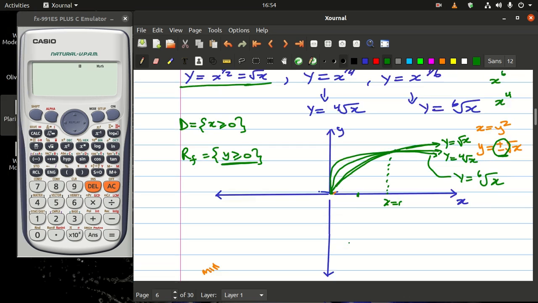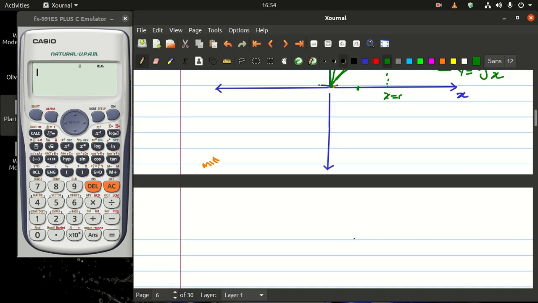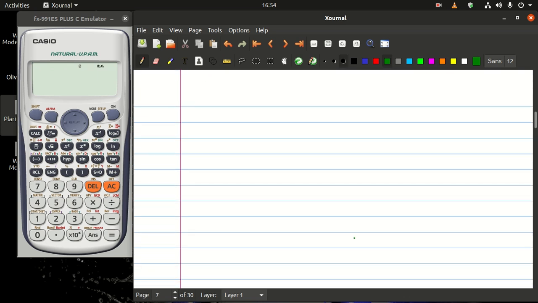Now, we have tried to plot these things, and we have talked about power functions, and we said that power functions are functions of this type.